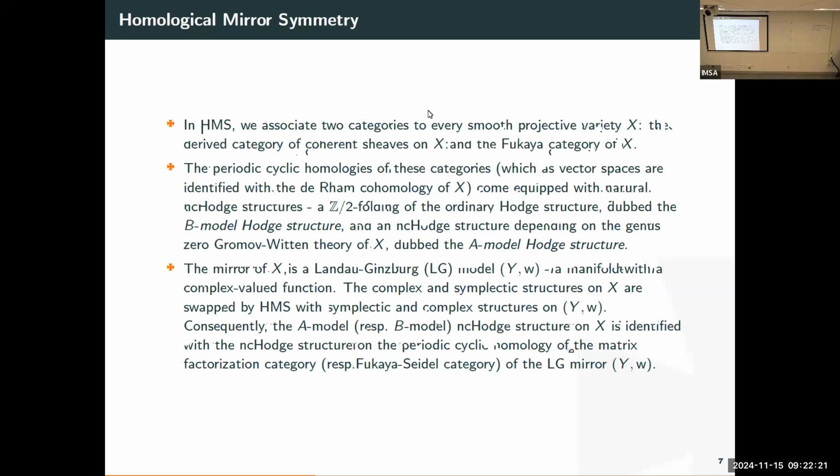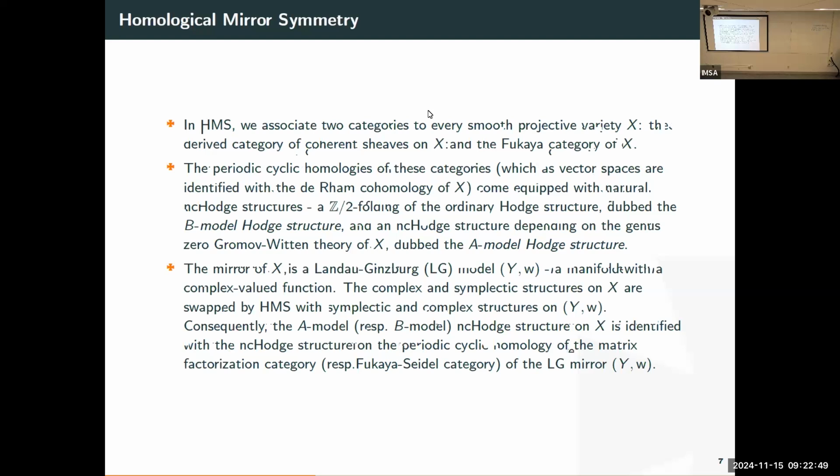This new enhanced non-commutative structure, which we'll be calling atoms, is our goal. But the reason for looking at this combination of A and B side structures and putting them together to form these atoms is the existence of this Landau-Ginzburg model, which actually is the mirror of our X.